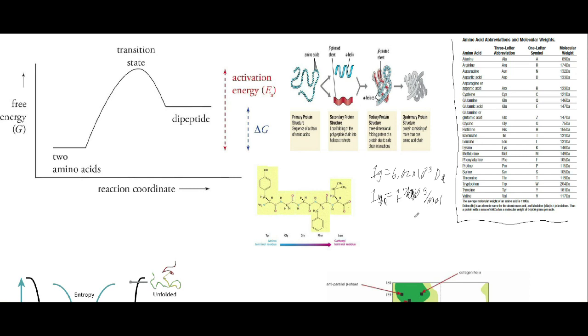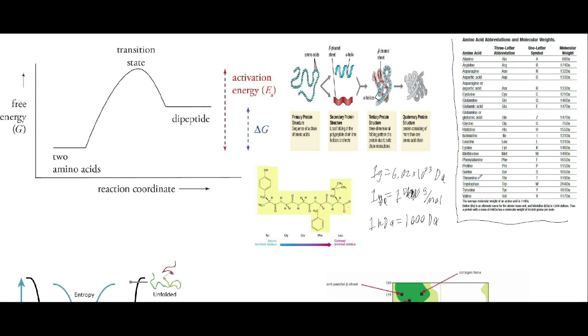Then obviously 1 kilodalton is equal to 1,000 Daltons. That's just your dimensional analysis. But this should be 1 Dalton is equal to 1 gram per mole.